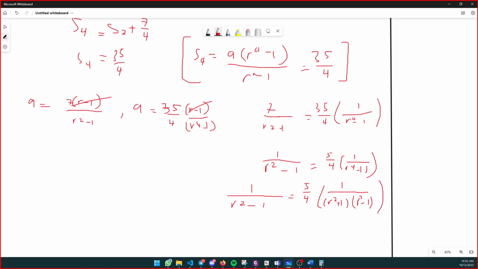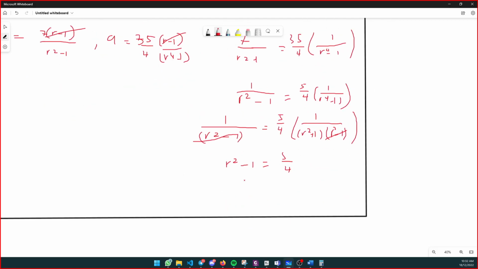Then I can cancel. Then I'll get r squared plus 1 equals 5 over 4 plus here. Then r squared equals 9 over 4, and the final answer is the square root of this, plus or minus 3 over 2.